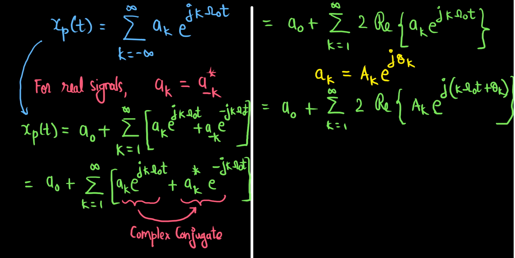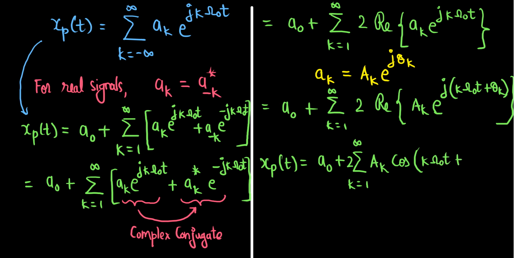Therefore xp of t is equal to a naught plus summation k equals 1 to infinity, twice, taking 2 common, the real part of this, which is Ak cos(k omega naught t plus theta k).